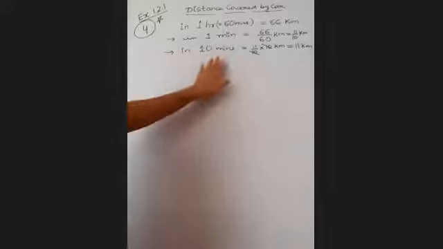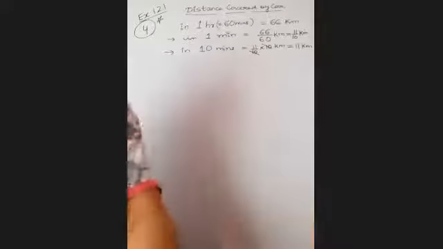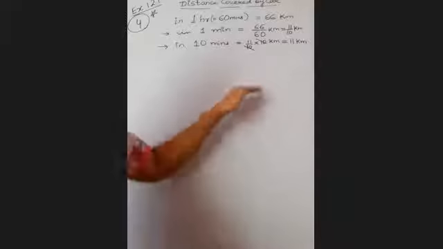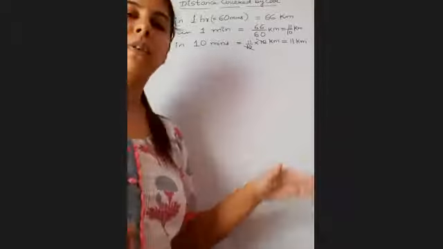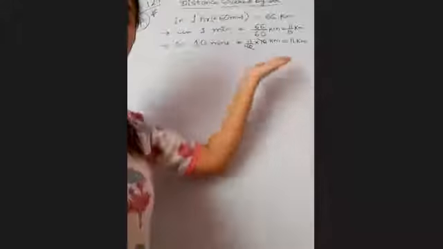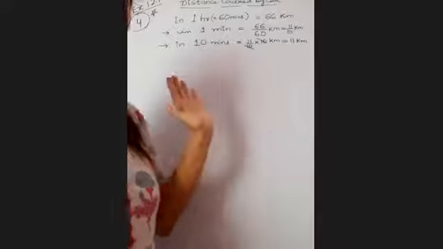So first we have calculated what distance it has to cover in 10 minutes. Let's be clear with that. Now after that we are interested to know the number of revolutions. The number of revolutions is the total distance upon the distance in one round.